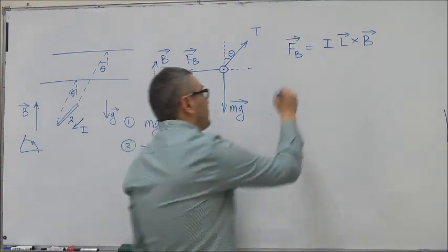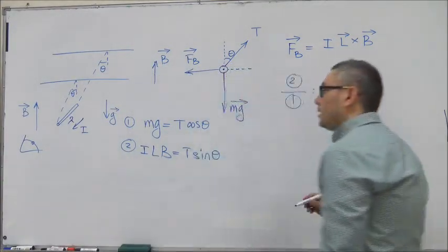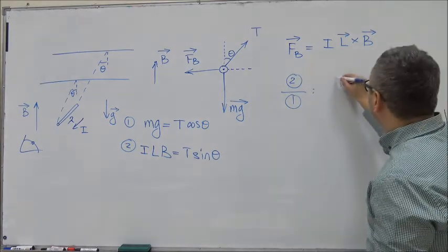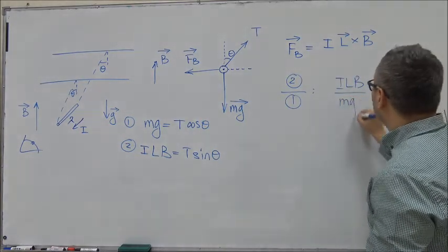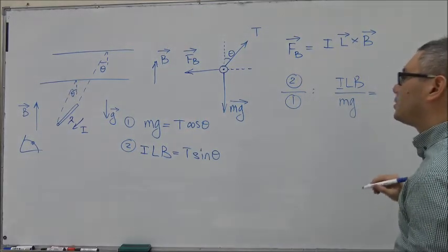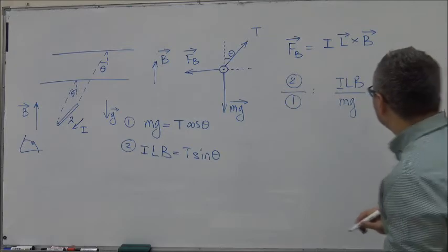If I now divide the second equation by the first one, then I get ILB over mg equals tangent theta.